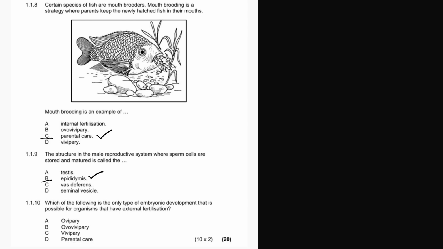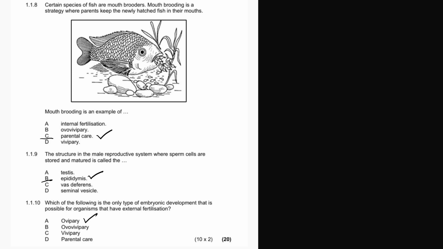Therefore now, 1.1.10, the last question. Which of the following is the only type of embryonic development that is possible for the organisms that have external fertilization? Therefore now, it is what we call ovipary.